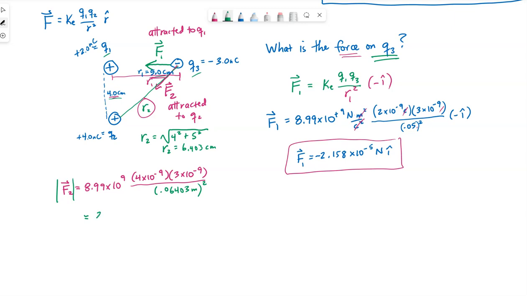I'm getting 2.631 times 10 to the negative 5th newtons. That's just how big that pull is.